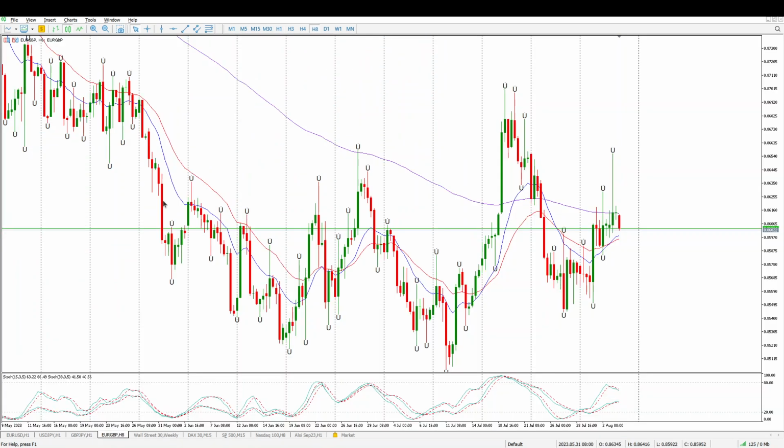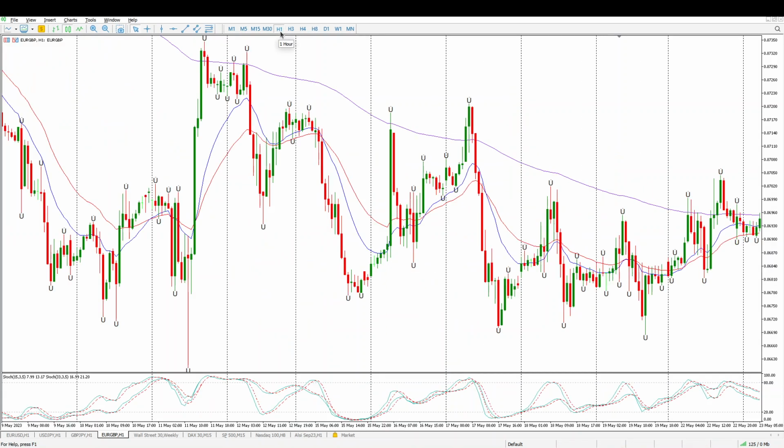Moving on to Euro British Pound, and you can see this is just chaos. Similar kind of situation, big up one week, big down the next week, and then the following week we're trying to follow through with this down move, all over the place in the moving averages and the oscillators. Nothing really there on the 8 hour.